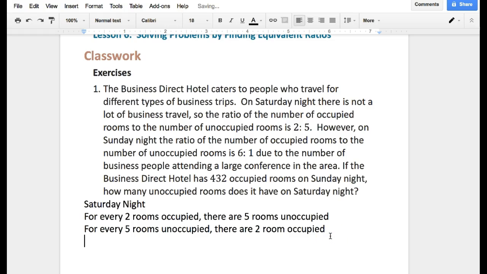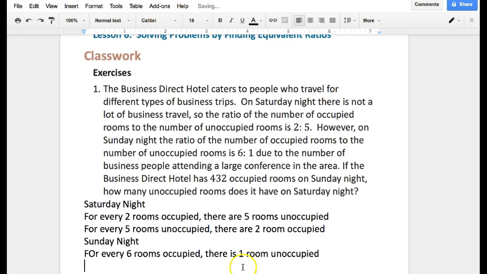For a Sunday night, what our ratios mean is for every 6 rooms occupied, there is 1 room unoccupied.